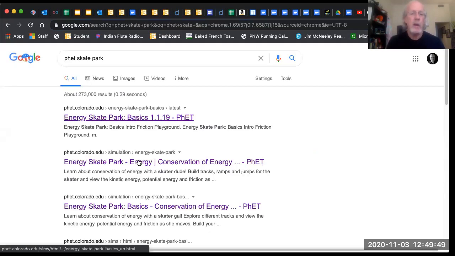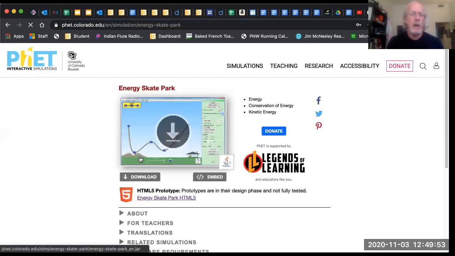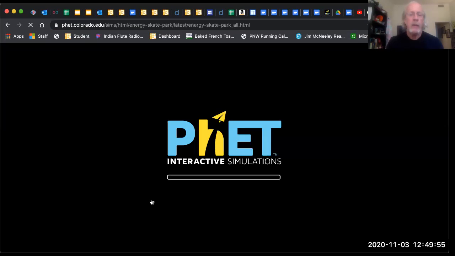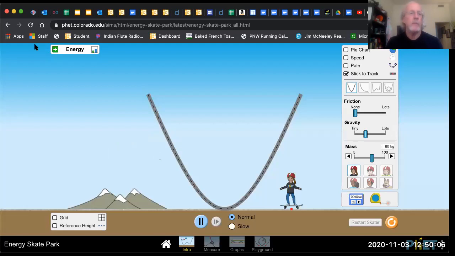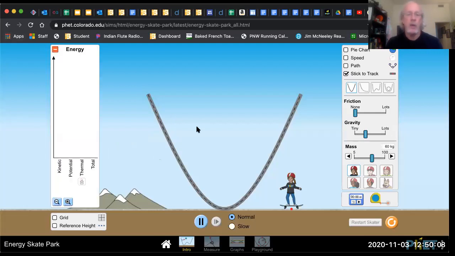When the skater is way up high on the side of the ramp, we can see her energy here, and we start her up high and she comes down to the bottom. Her energy is transformed from potential to kinetic.